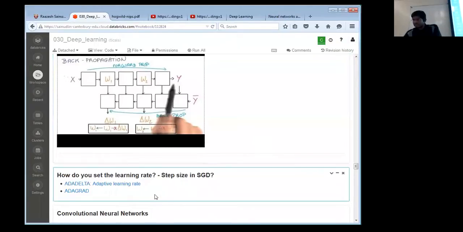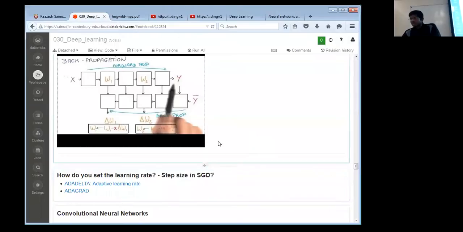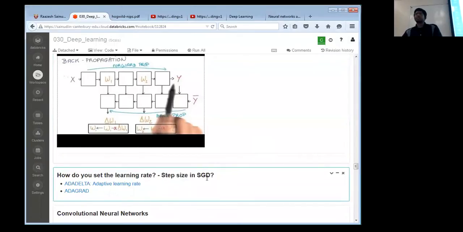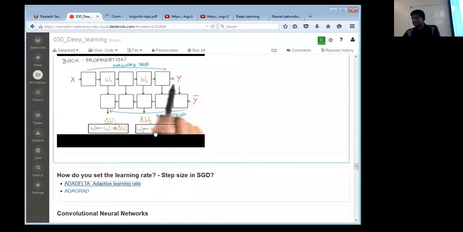And right. The important step we missed, or one of the steps we missed, is the step size. How do you calculate the step size? H2O AI does this automatically for you, and uses an algorithm called ADADELTA, right? So this is a paper on ADADELTA.